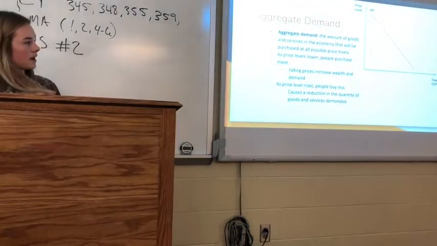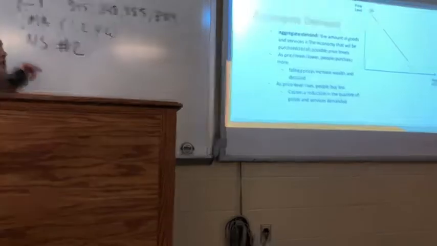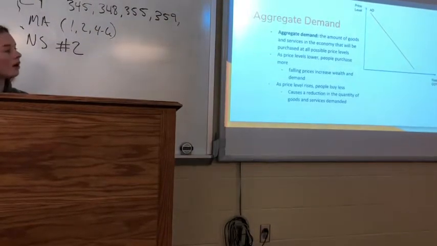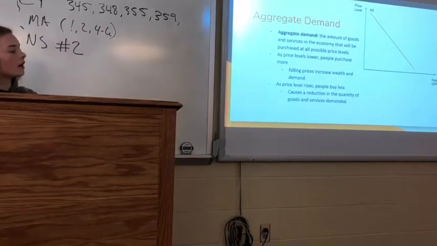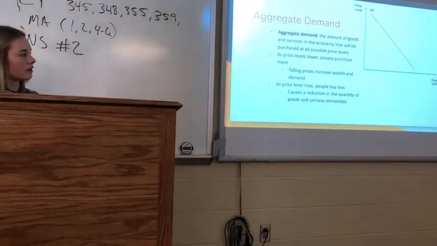With aggregate demand, it's the amount of goods and services in the economy that will be purchased at all possible price levels. As the price level's lower, people purchase more because it's cheaper. And falling prices increase wealth and demand.